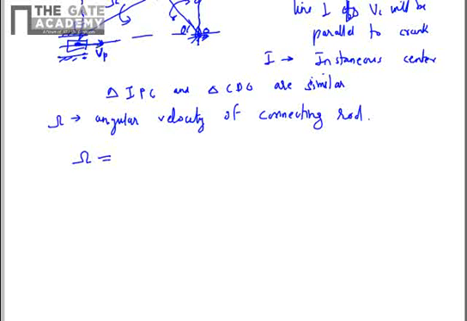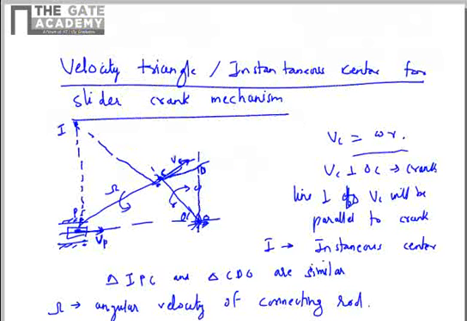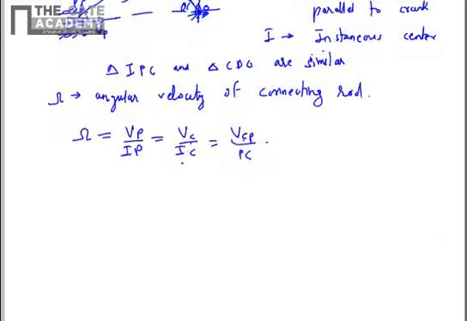So if Vp is the velocity of point P, then Vp divided by IP will be omega, which will be the same as Vc divided by IC, and the same as velocity of C relative to P, Vcp, divided by PC. Normally Vcp will not be known, Vc will be known, omega r, so straightforward, and IC you can find by drawing the instantaneous center triangle, and you can find the length IC to determine omega.